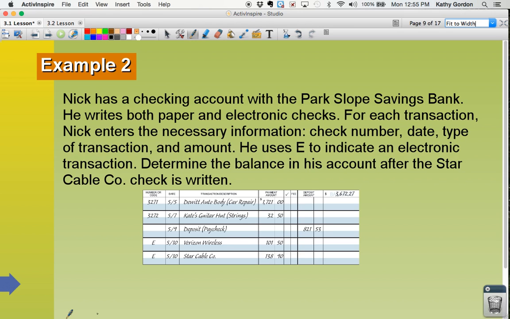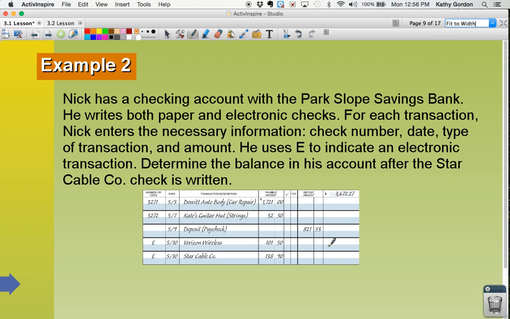Then, you'll notice that you have two different kinds of columns here. One column is for payment, and the other column is for deposit. They give you two different columns so that you can keep straight the money coming out and the money going in. If you keep all of that in a single column, it's really easy to accidentally subtract when you should have added or add when you should have subtracted.